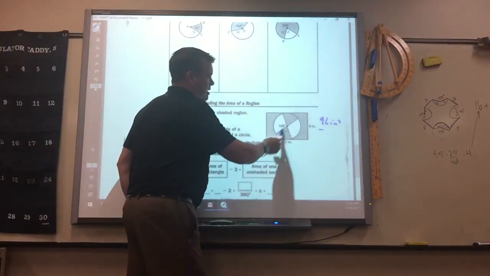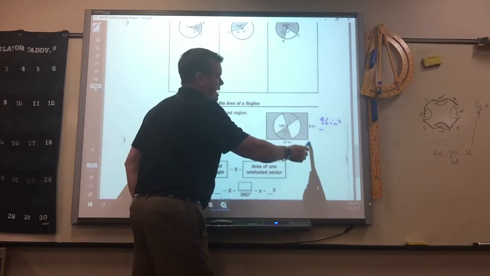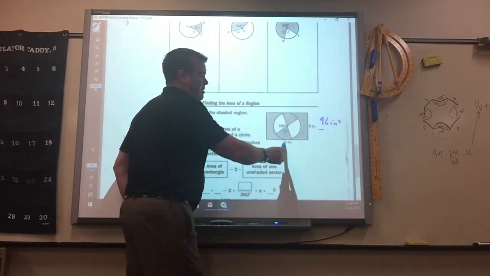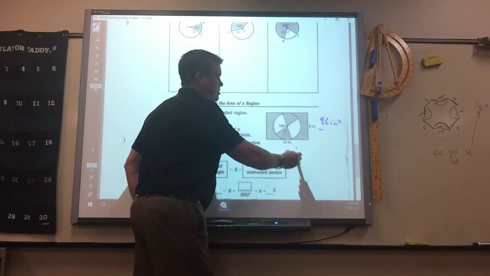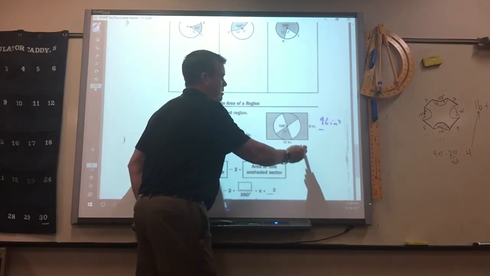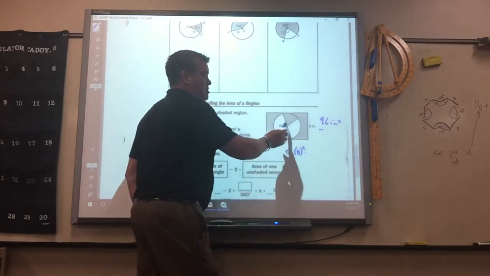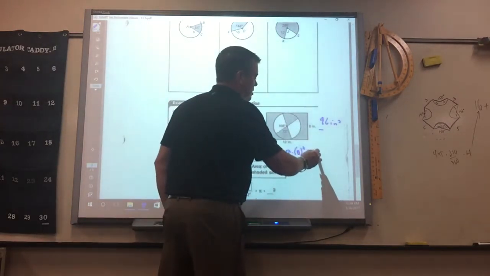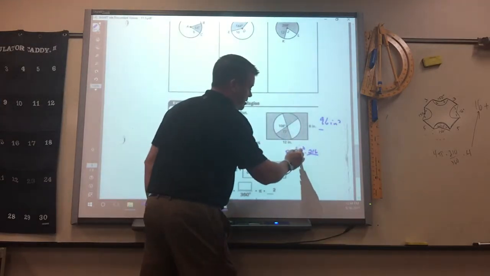So the area of this, first of all, if this is 8, the diameter of the circle is 8, right? So you take pi times the radius squared times 216, because there's two of them. It's 108 and 108. The radius, oh yeah, I put the wrong number. The radius is 4.